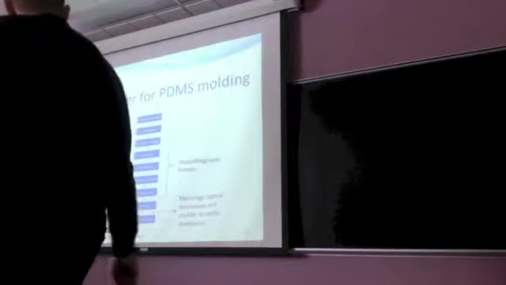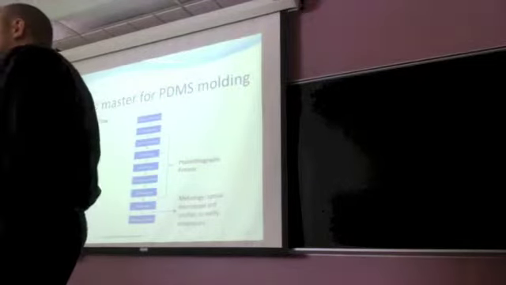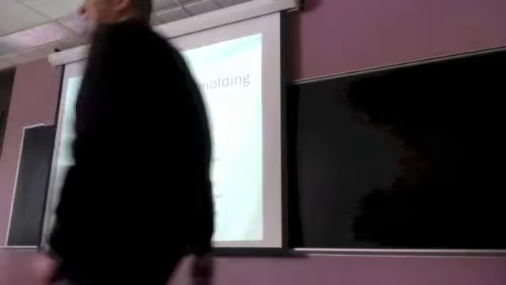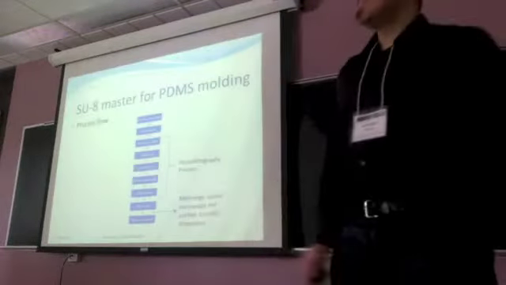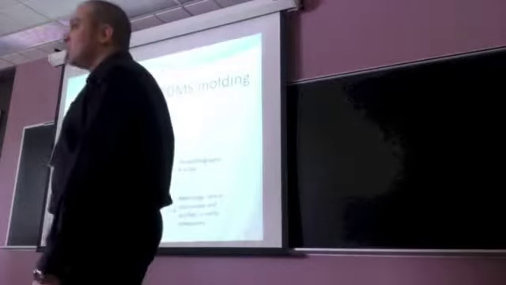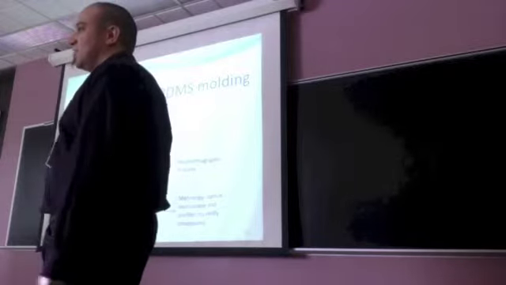Sorry, yes? After removing native oxide, how do you prevent this oxide from reappearing? Good question. You have to be fast. Let's say that today you remove the native oxide, and you wait until tomorrow, you have to redo the native oxide etching.